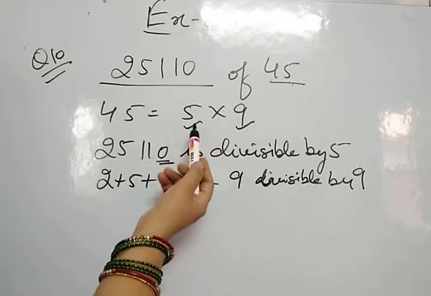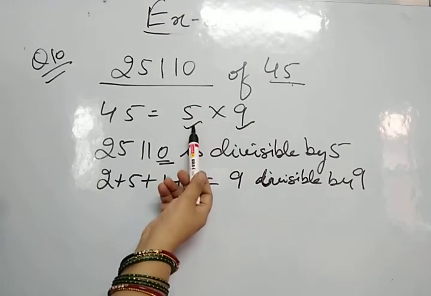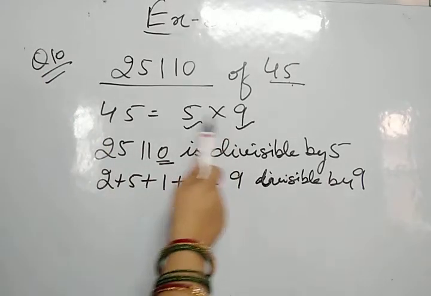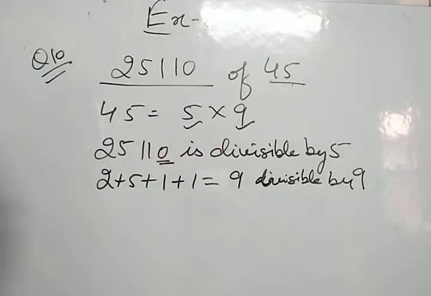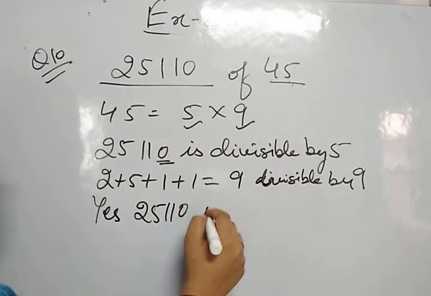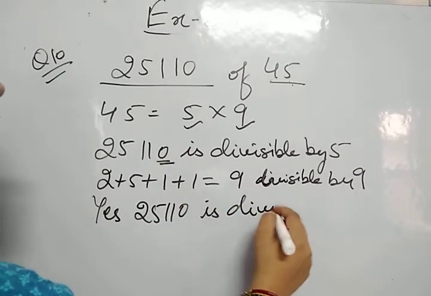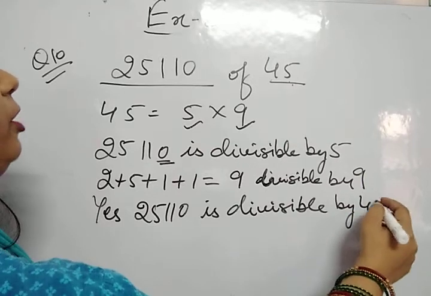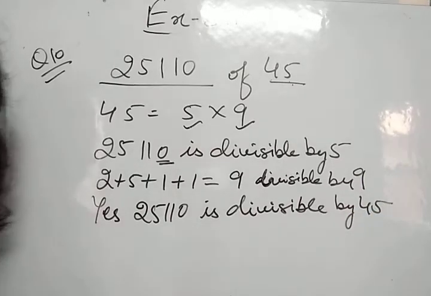If the number is divisible by the co-prime factors of the given number, then it will be divisible by their product also. So if it is divisible by 5 and 9, then 25,110 is divisible by 45 also. Okay.